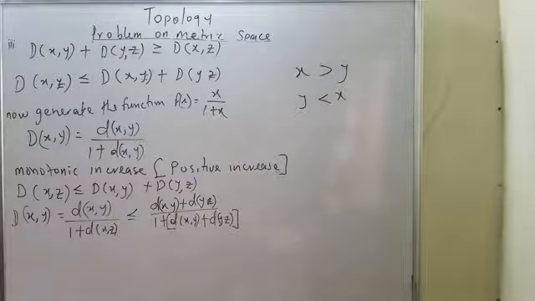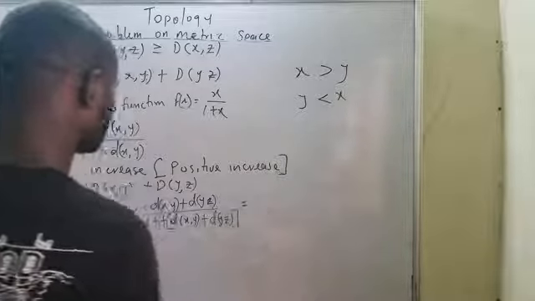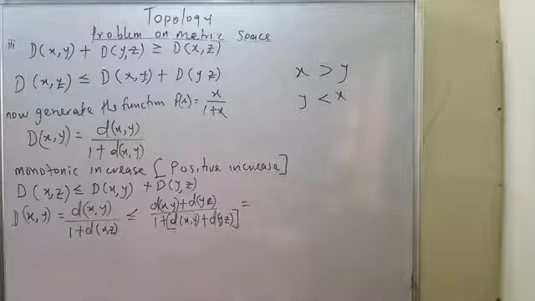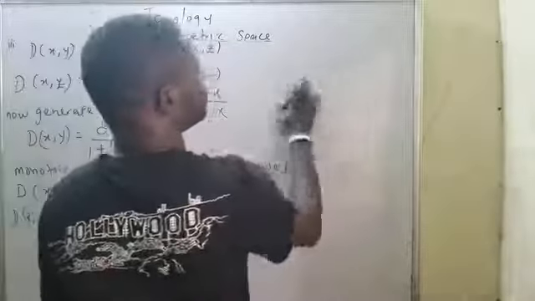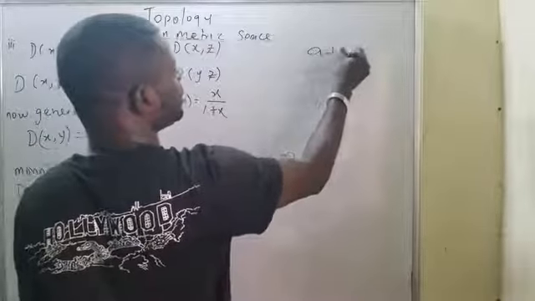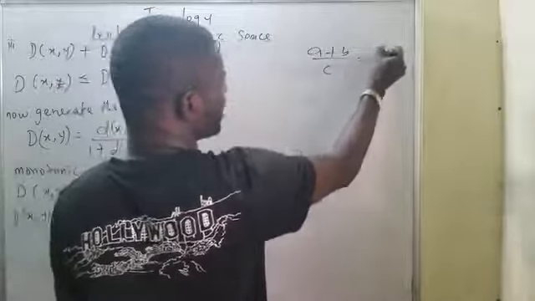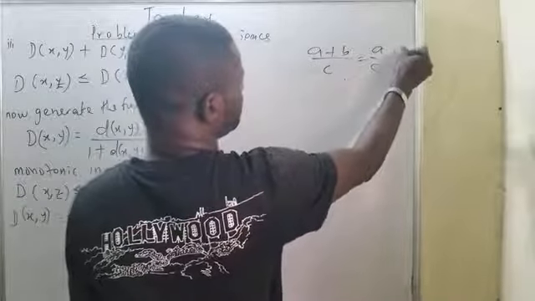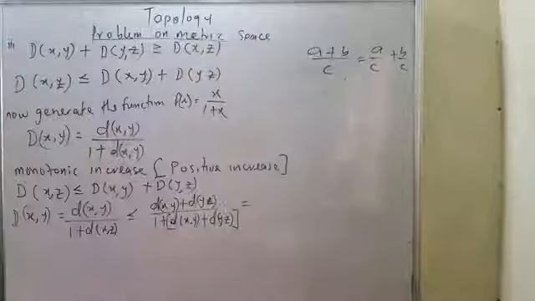With this, it also equals what I'm having here. When I have a plus b divided by c, I can as well write it as a all over c plus b all over c. That is what I'm trying to do there.